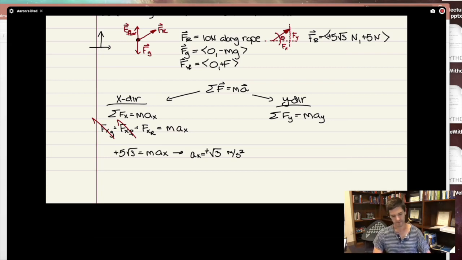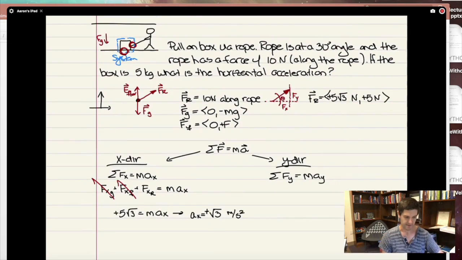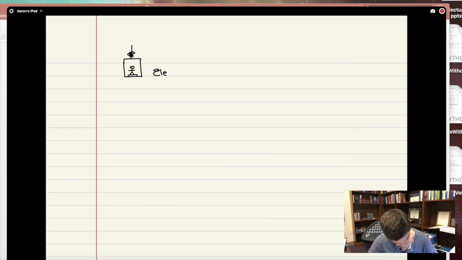Let's look now. Let's go back to this contact force with the ground. Suppose you're in an elevator and it's moving down at a constant speed.